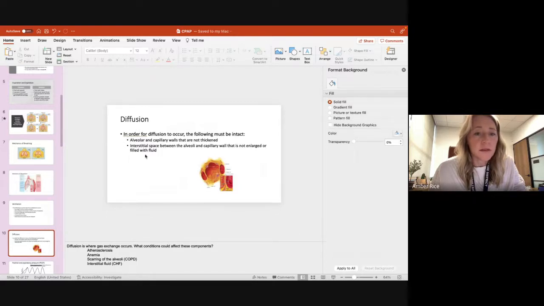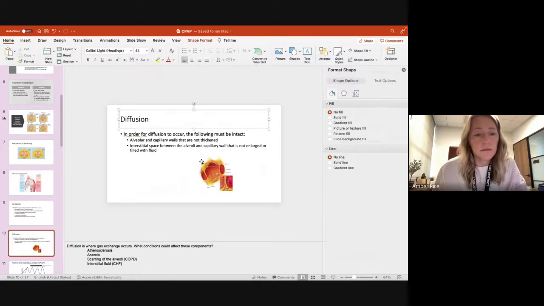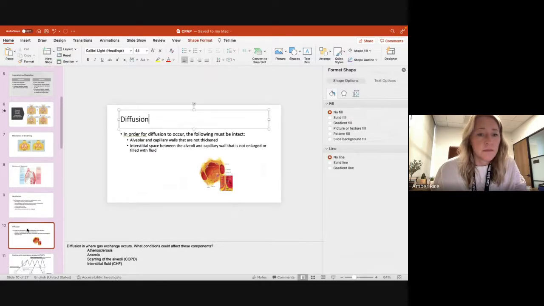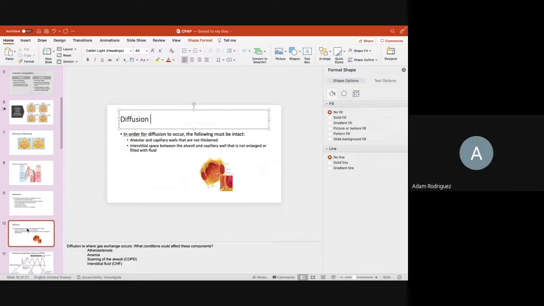I don't know if we want to specify that we're talking about the diffusion of oxygen and carbon dioxide. I think that's probably diffusion of gases. Yeah. Maybe that's just a general term.